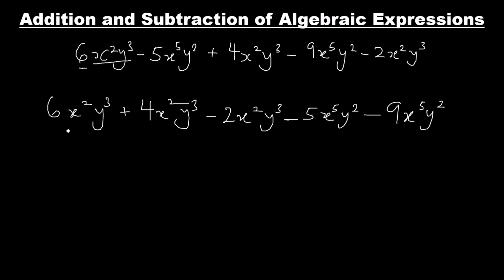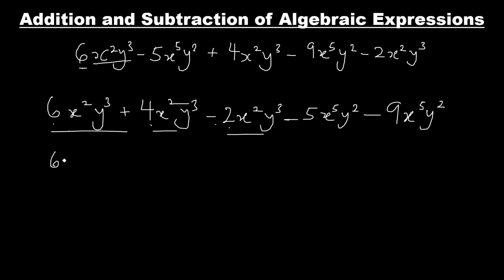Now what do we do? We realize that these terms, this, and this are actually like terms. So you have to add and subtract their coefficients. So let's look at this. 6 plus 4 minus 2. Basically, that's what you have to do.